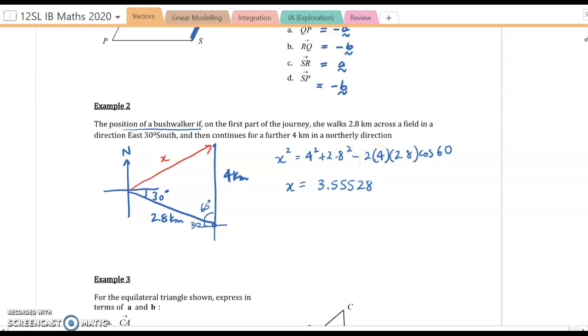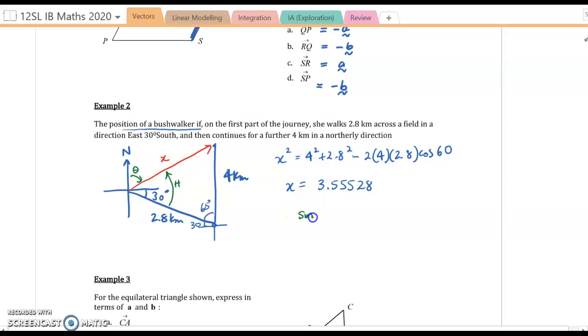But because it's a vector, you also need to get the direction, the bearing as well, which I'll call theta. You can get that by obtaining this angle, which I'll call H, taking away 30, giving this angle, and then that angle taken away from 90 will give you the bearing.